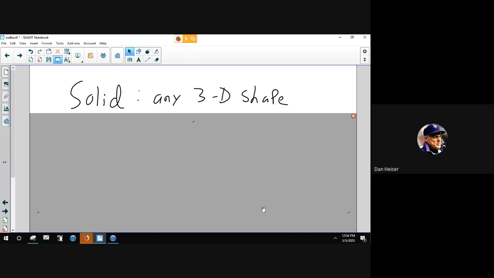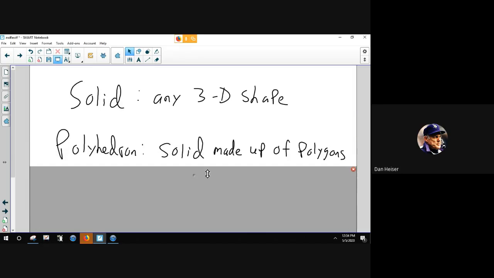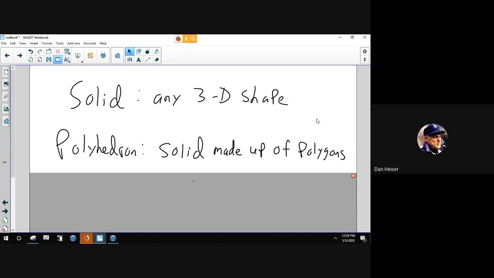Well, we know that spheres and cylinders and cones all have some kind of curvature, so we cannot call them by our next term, so we need a more generic term, and that generic term is solid. Here's our more specific term for solids that are made up of only polygons, and we call that a polyhedron.